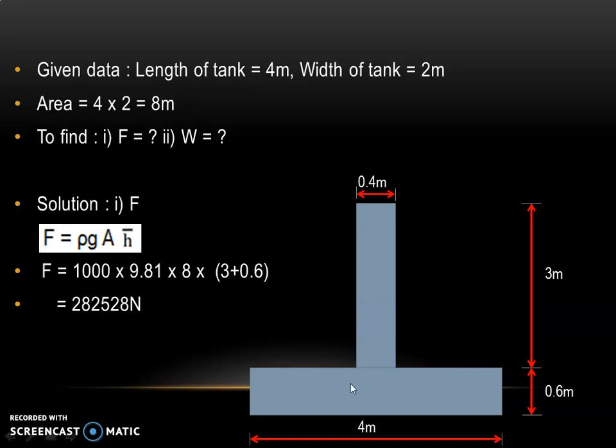Rho is 1000 as the liquid under consideration is water. g is 9.81. Area at the base of the tank is 8 square meter, that is 4 into 2. And h bar is the total height at the base. Since we have to find force at the base, we will consider the total height, that is 3 plus 0.6. So we get F as 282528 Newton.